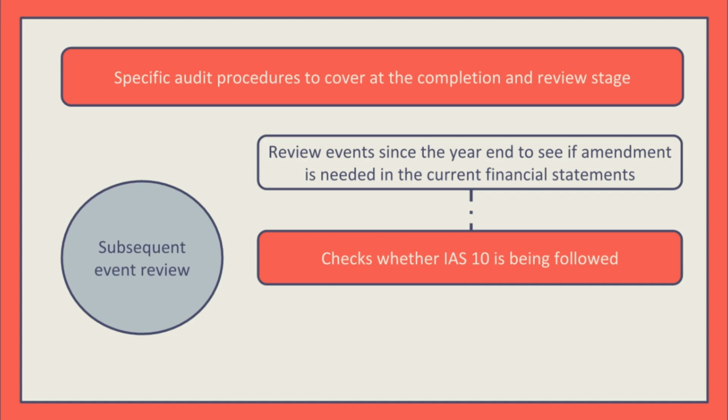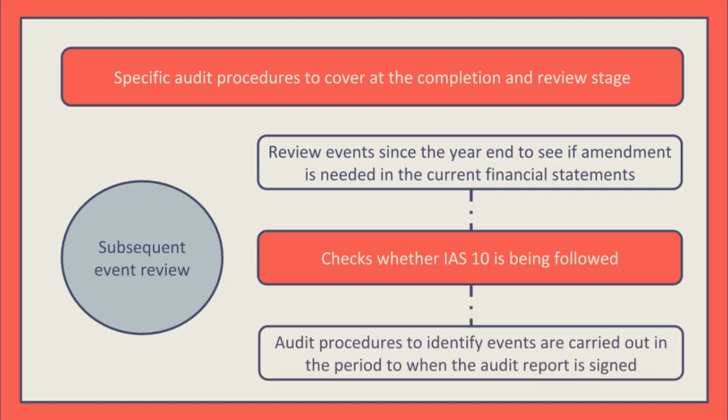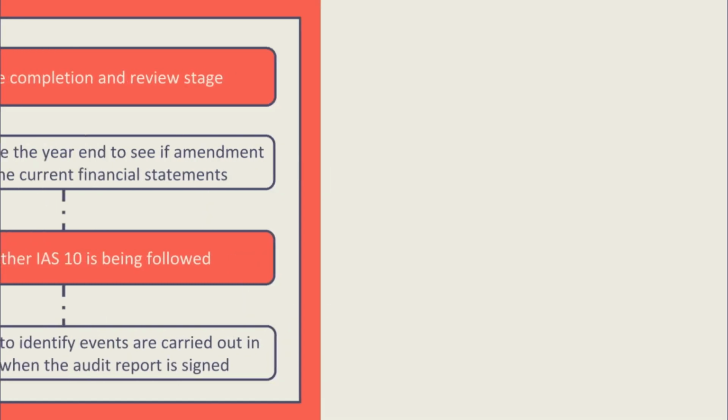The standard states that material events after the reporting period should be included in the current period's financial statements. Audit procedures to identify events must be carried out in the period up to when the audit report is signed by the auditor.